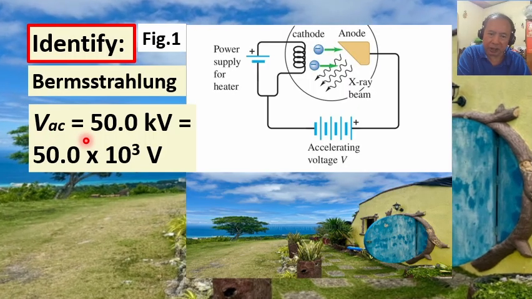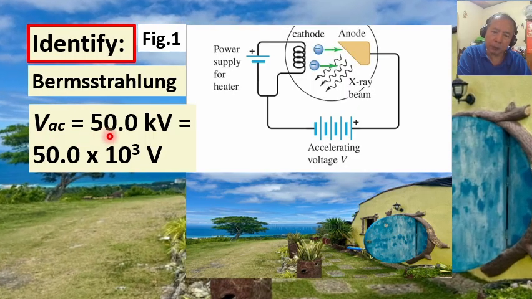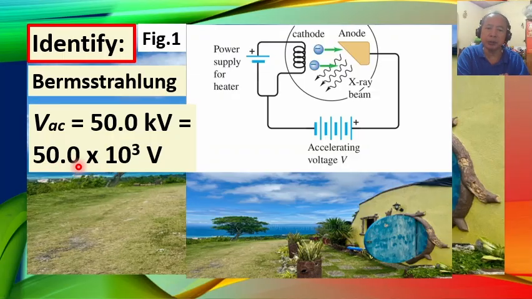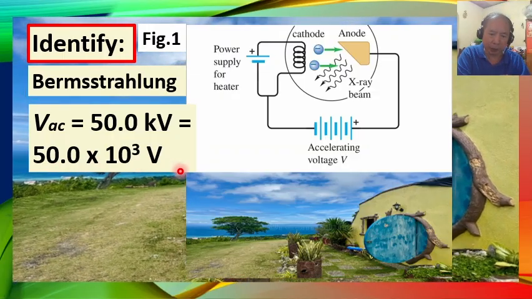V sub AC is equal to 50.0 kilovolts, which is of course the same as 50.0 times 10 to the third power volts.